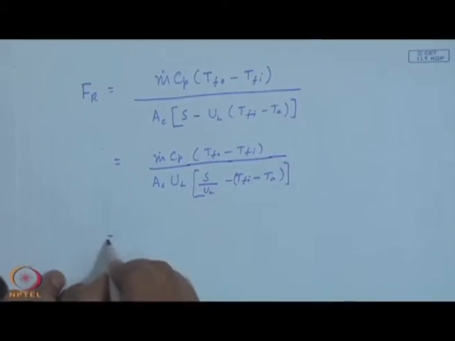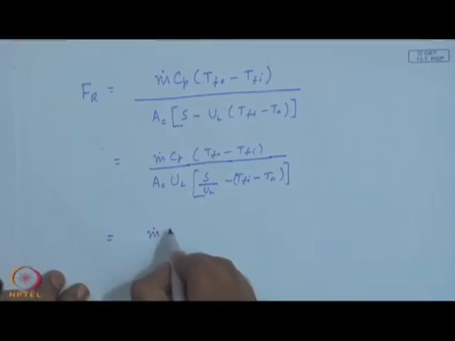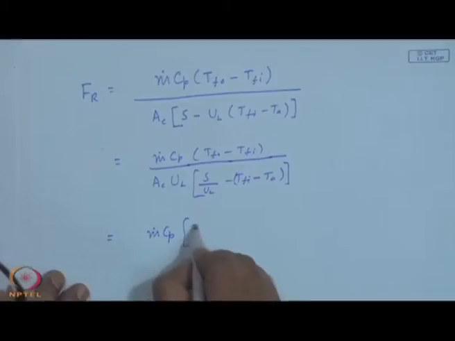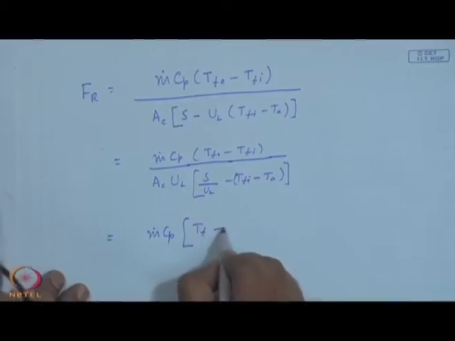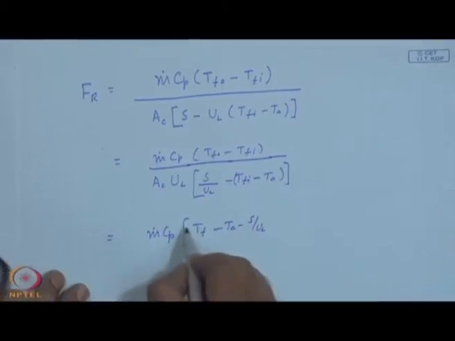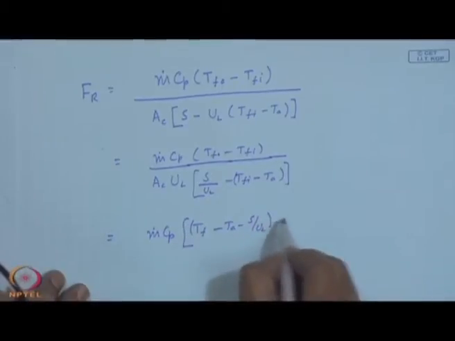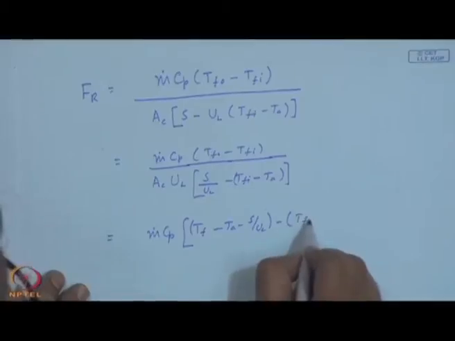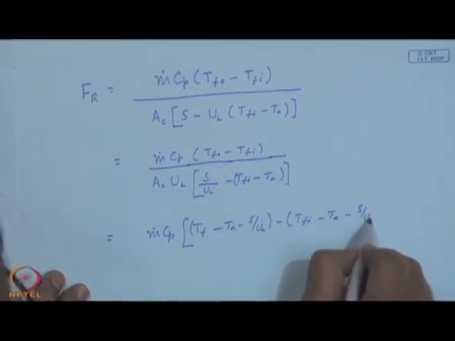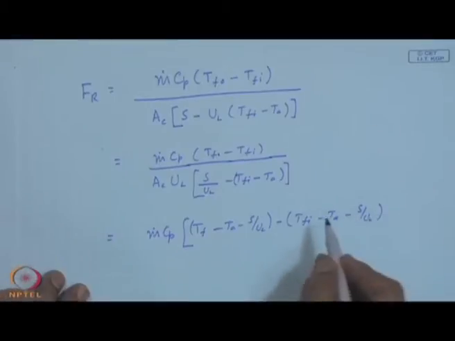So, this can be again rewritten, it is simple algebra, but add and subtract T a minus S upon U L, minus T f i minus T a minus S upon U L, because we know that ratio.